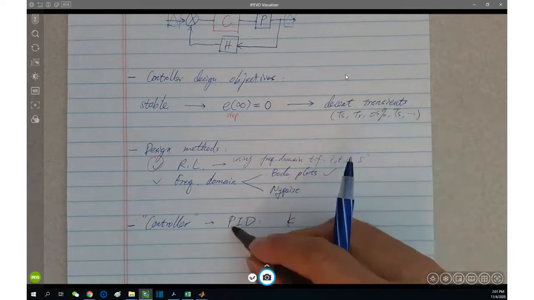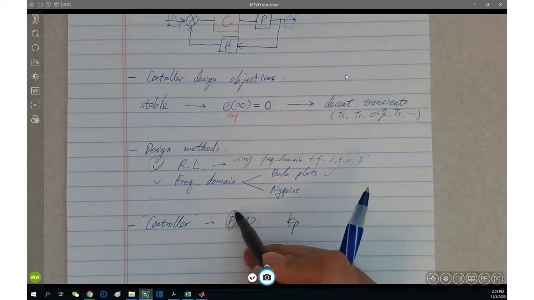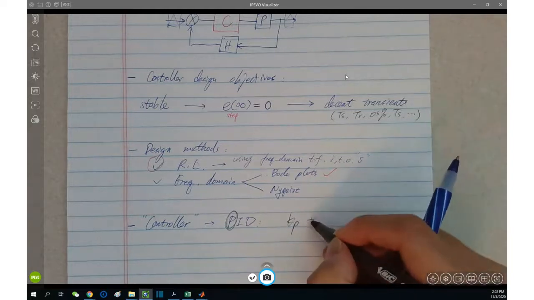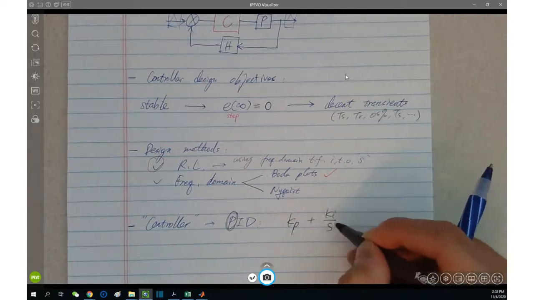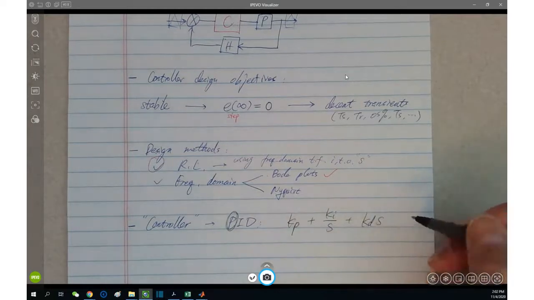P is standing for what? Anyone knows? Proportional, correct. P is proportional.